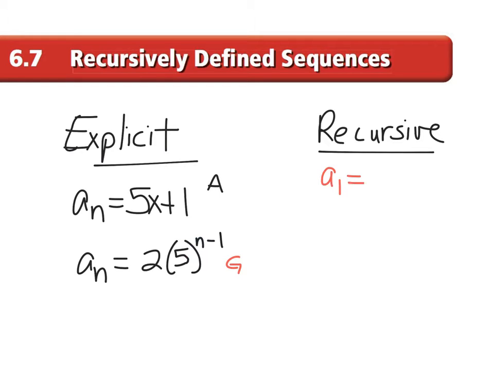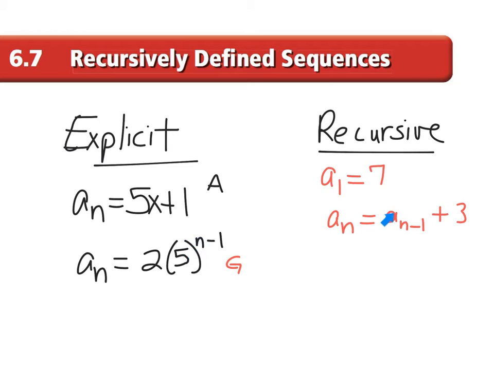The first term is 7, and then we take the term and we add 3 to get to the next term. So that's recursive. I'm giving you the first term is 7, but to get to the next term, I add 3. So the next term would be 10. The next term after that would be 13.